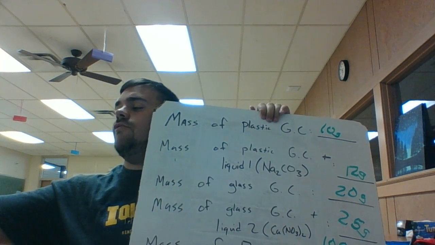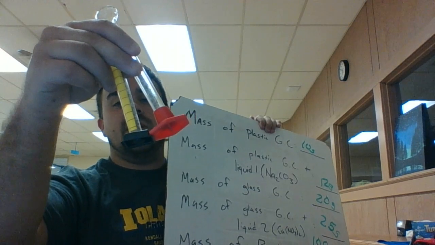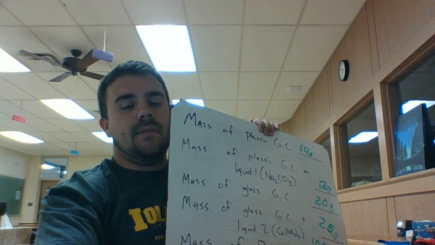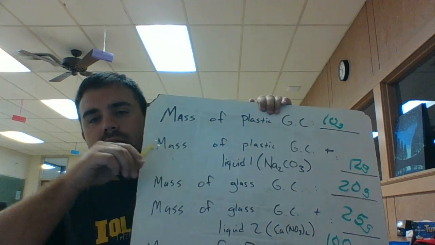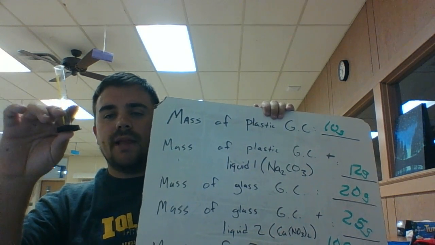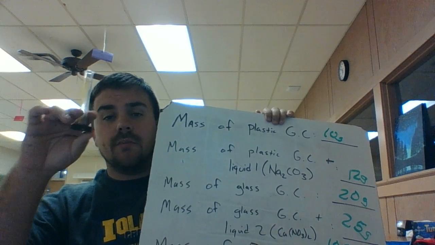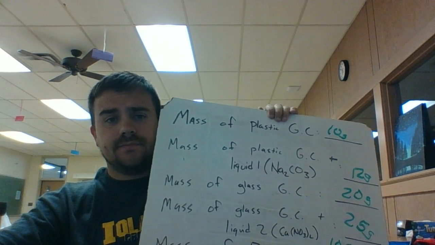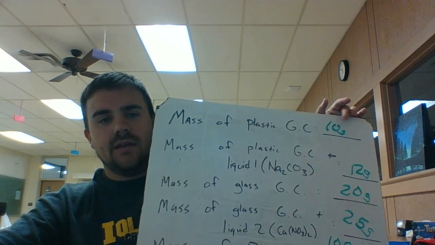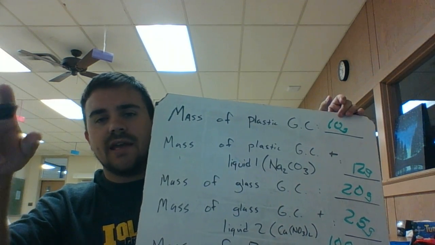I had these 2 graduated cylinders, one glass and one plastic. The plastic one I used to grab what we called liquid 1, the sodium carbonate. I took my plastic graduated cylinder, and before I did anything, I stuck it on the balance. Let's say it came up to be 10 grams, just making up numbers.